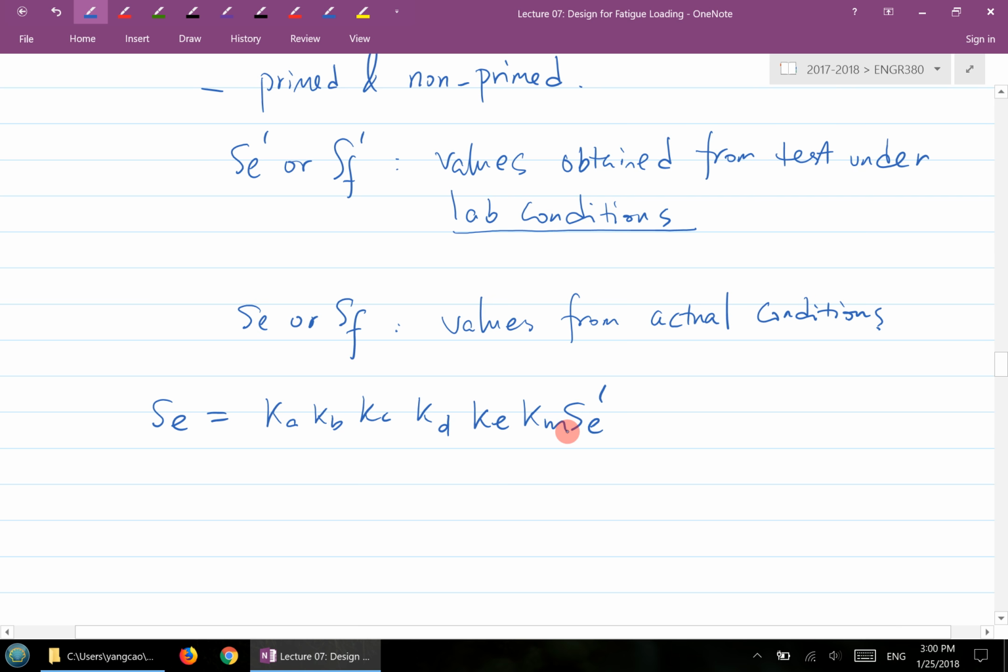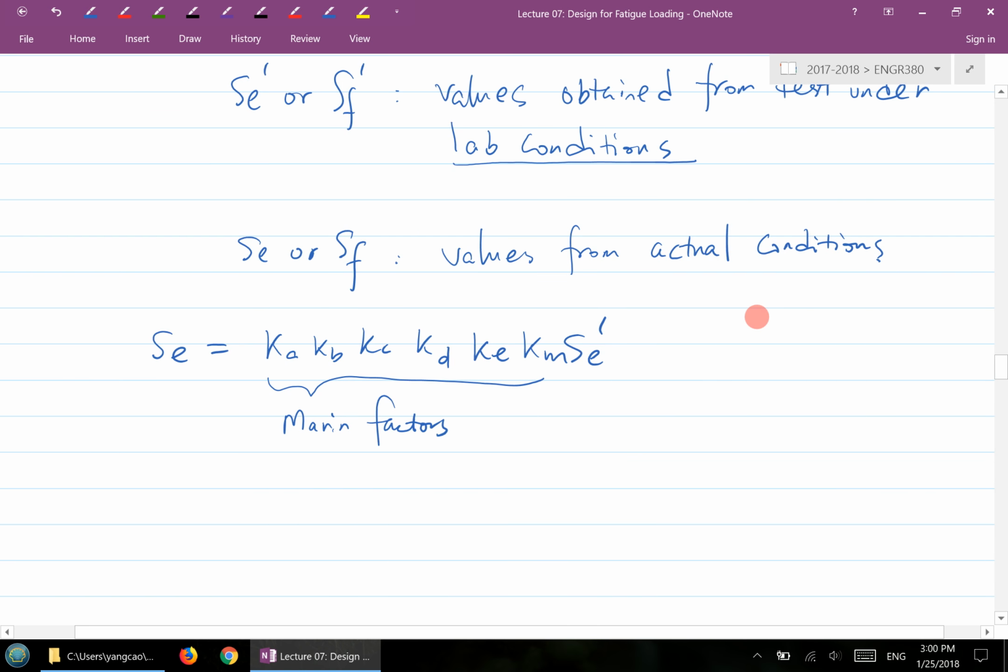I'll explain each one of them. Those factors are also called the Marine factors. We'll look at what type of condition each one modifies.